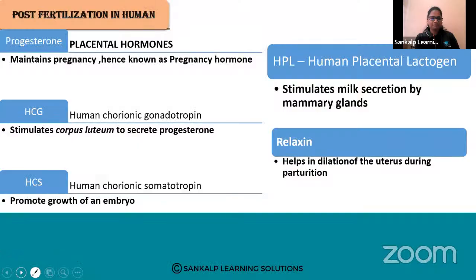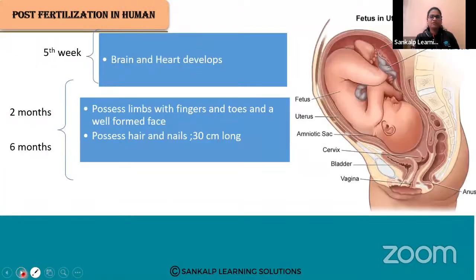Let us learn some concepts regarding it. Let us revise and recall, this has already been covered in college. In the 5th week, brain development happens. At 2 months, the baby will have limbs, with tiny fingers and toes, a well formed face, and possess hair and nails.